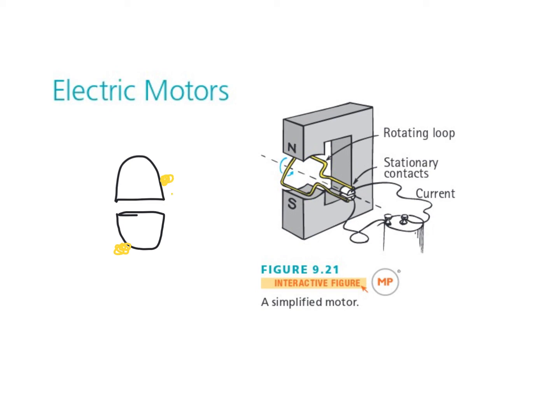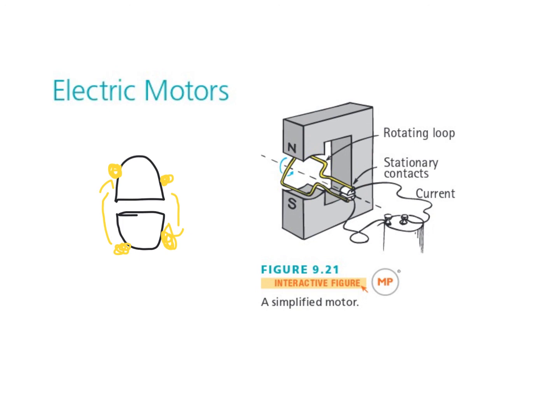And so as this guy is rotating, this guy comes down, it's going to pass over this gap and end up touching here. This guy's going to go up, and it's going to be touching up there. And what that does is it actually reverses the current, because that's necessary for it to keep spinning.